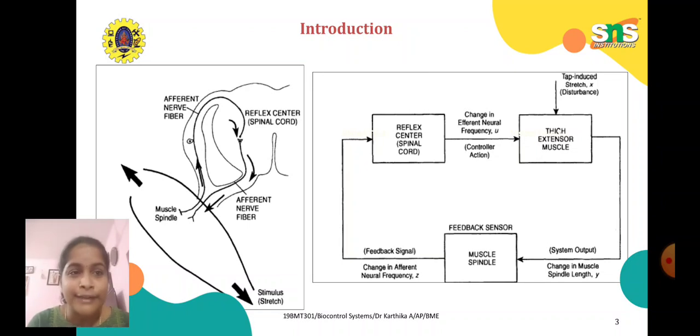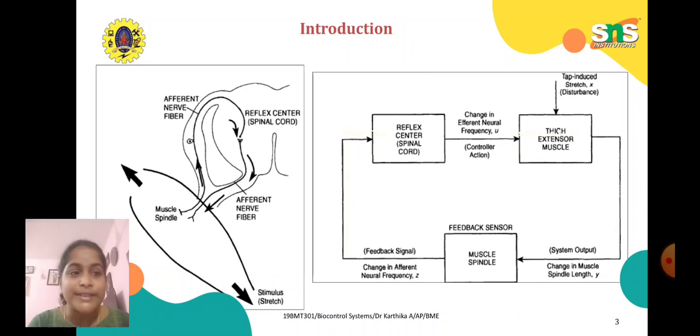Here the reflex center is our spinal cord, and this reflex center is connected with the thigh extensor muscle. Here the change in afferent neural frequency is U. Control of action is connected between the reflex center and the thigh extensor muscle, and here the input to the thigh extensor muscle is tap-induced stretch, which is X, which is called the disturbance, and which is connected to the system output.